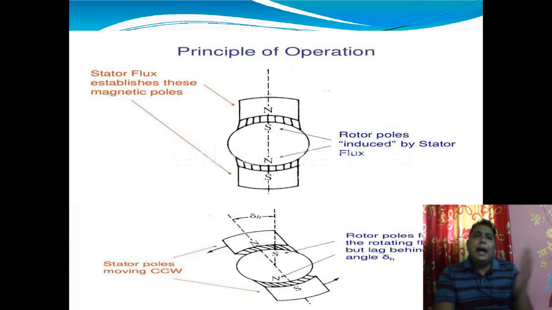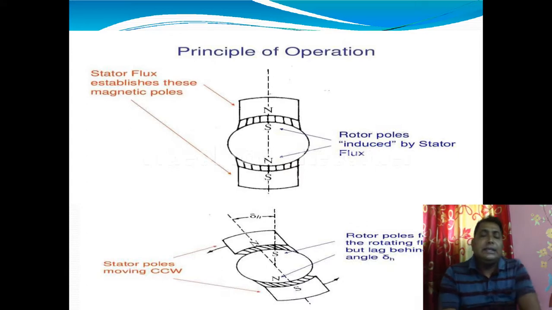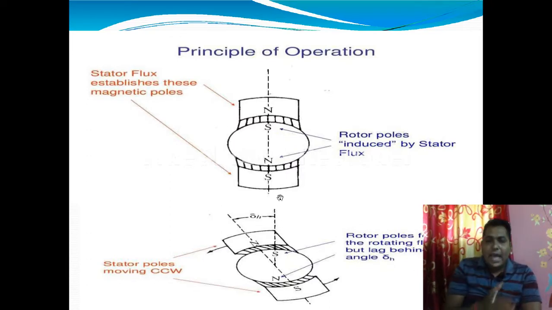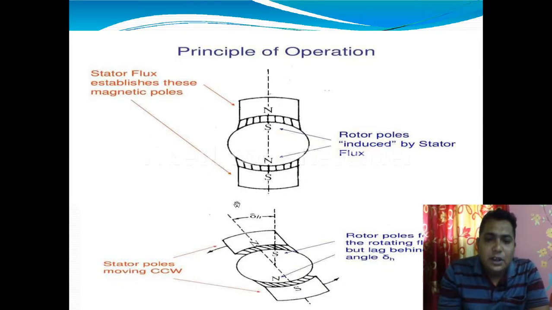Now when it is rotating, it is very interesting that the stator pole is acting like this, this straight line is the flux line, and when the rotor is rotating there is an angle generation, so that is the flux of the rotor. Follow my pointer, this is the stator flux and this is the rotor flux.